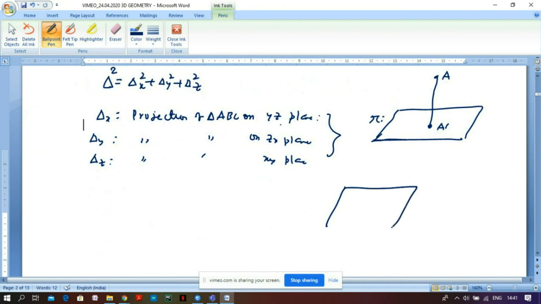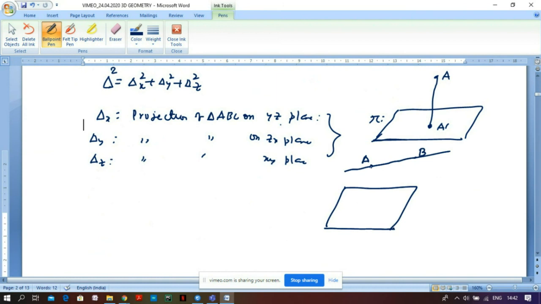Continuing further, suppose you have got another plane and you have got now 2 points A and B, or say you have got a whole line AB and it goes on and on. And I want the projection of line AB on this plane pi again.